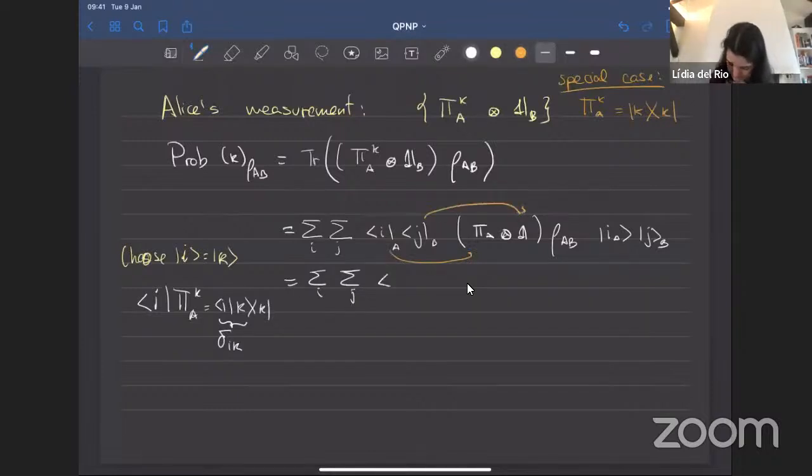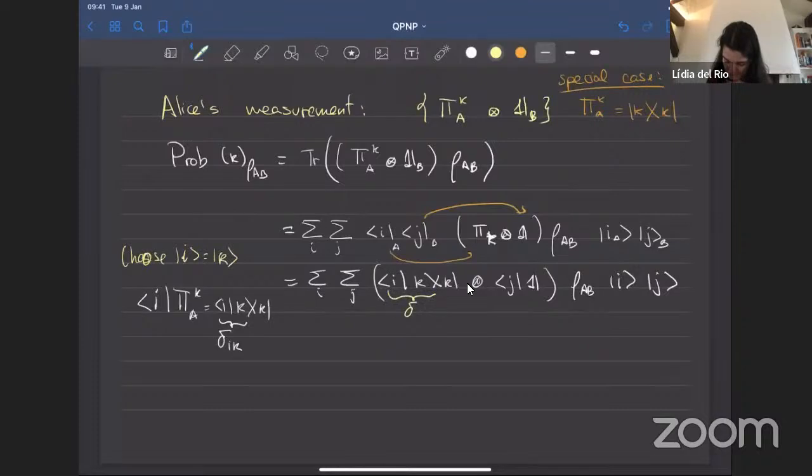So I'll just write this operator here, k tensor j, acting on the identity, rho b, i, j. Now, because we chose this basis cleverly, this is delta ik. Okay, right. So we can get rid of one of the sums.